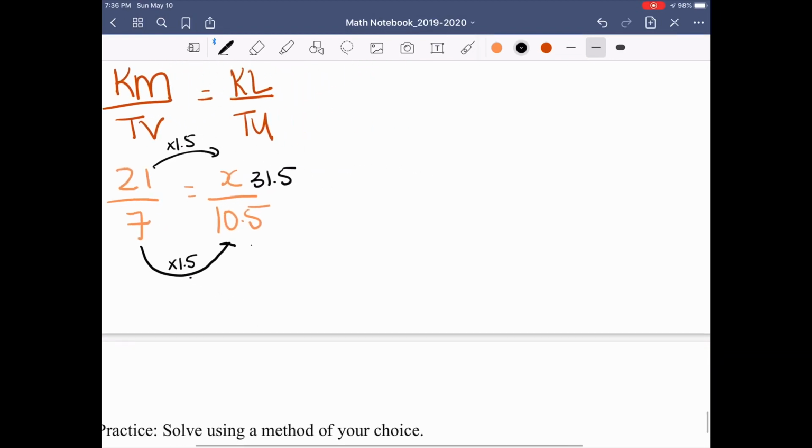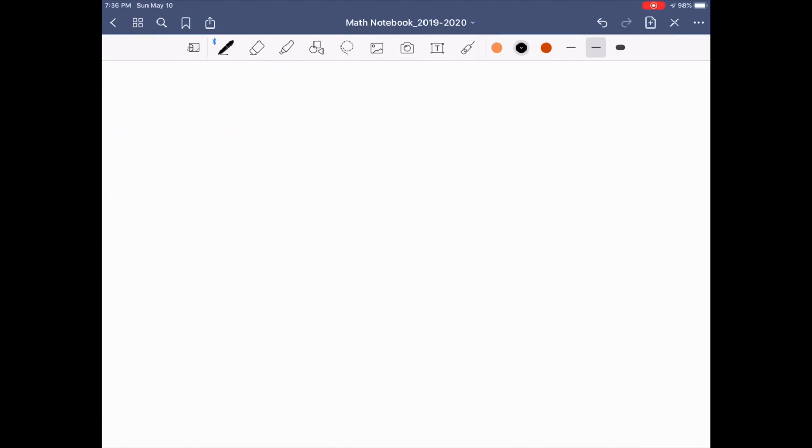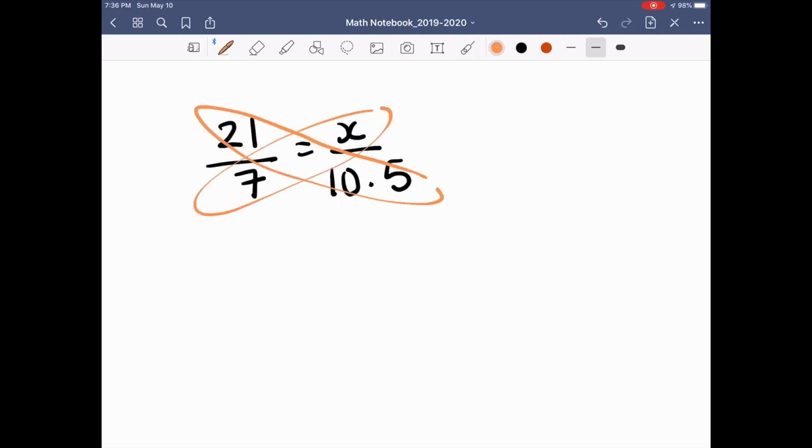The other way you can do it, which is what we're more comfortable with, I think, is to solve by cross multiplying. So we have 21 over 7 equals x over 10.5. To solve for x, we can cross multiply, where we get 21 times 10.5 equals 7x.